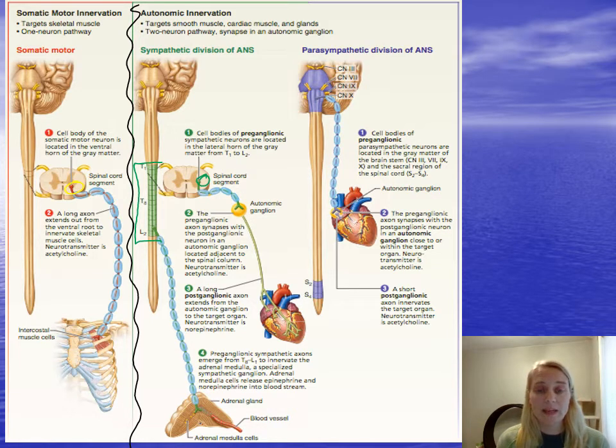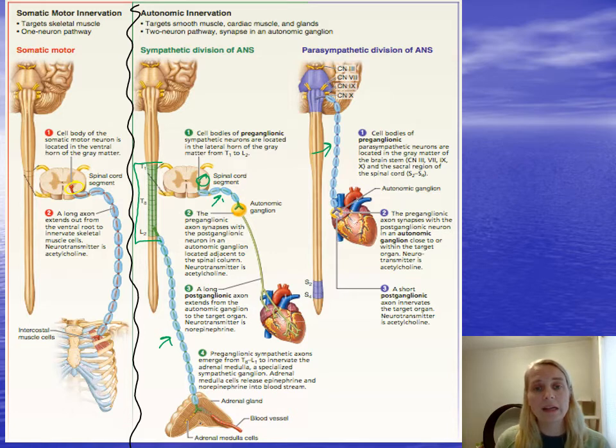It will be able to send that first motor neuron, called the preganglionic neuron, to an autonomic ganglia. And we're going to learn all the details of the different places that this can be. If you'll notice, the preganglionic neurons are also myelinated, and same with your parasympathetic as well. They just start at a different location up in the brainstem or the sacral part of the spinal cord.